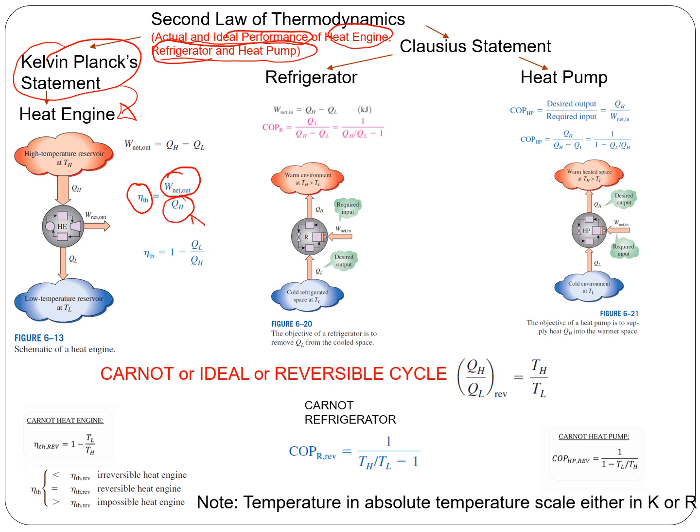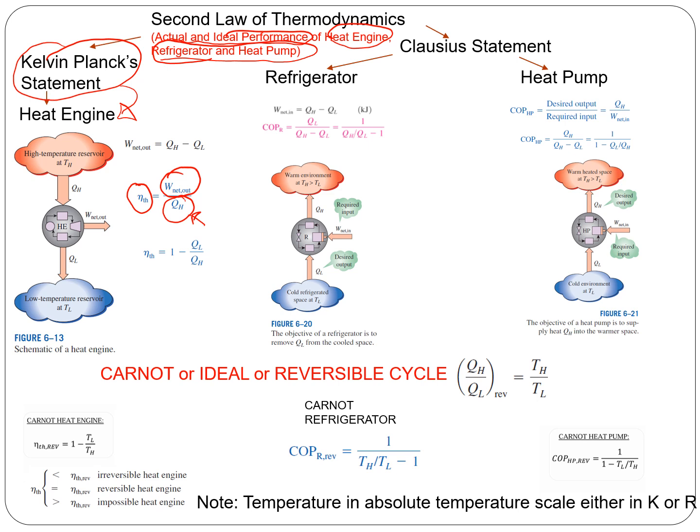So QH is the energy supplied, and this is the amount of work. Basically, thermal efficiency is how much work you do based on how much heat you supplied. So that's conversion. You are trying to convert heat to work.